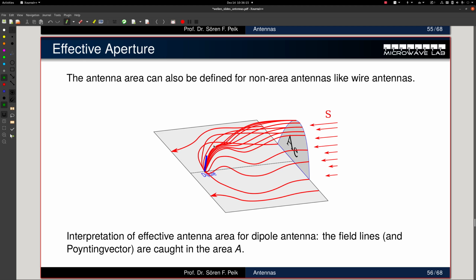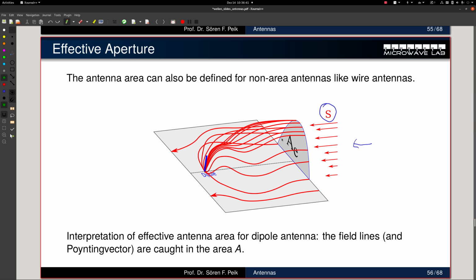Here's a very typical picture shown in many textbooks. You can see that the incident wave is coming from the right, and down here is my dipole antenna. And you see the dipole antenna catches waves or flux lines from the incident wave from a certain area in front of it.